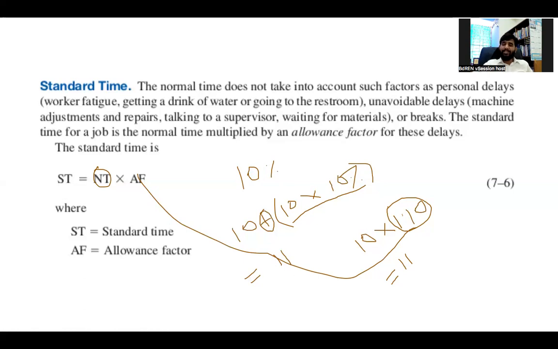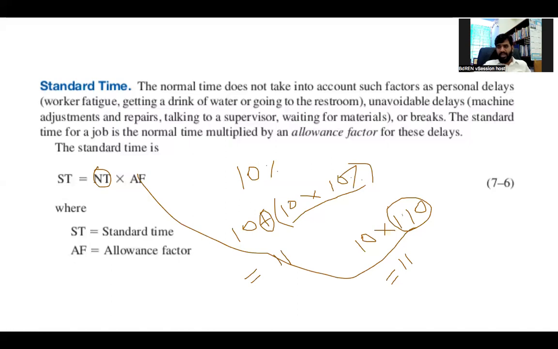Why is standard time important now? Standard time is important to know the cost of manufacturing. If you go to the HR department, they can tell you the average cost per minute of your company.